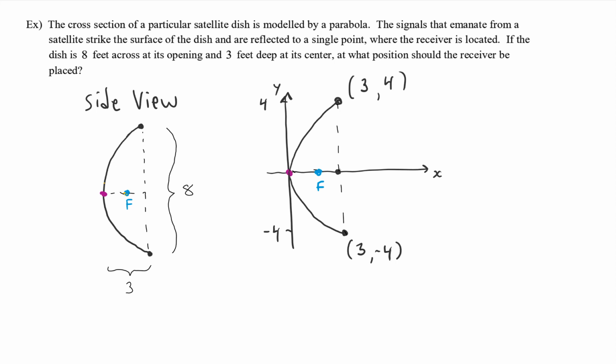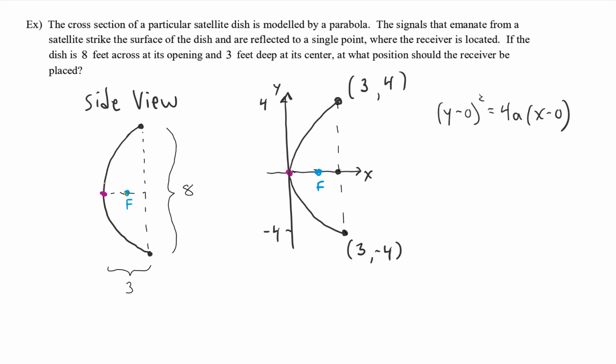Well, let's use our algebraic definition. We know this thing opens to the right the way that we placed it on the coordinate plane. We could have placed it any way we wanted, but I put the vertex at 0, 0 and had it open to the right. So this would be y minus 0 squared equals 4a times x minus 0.